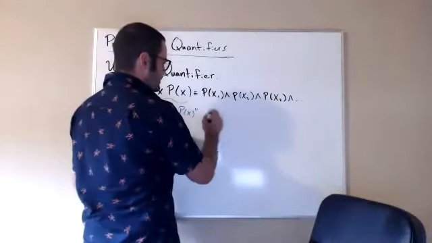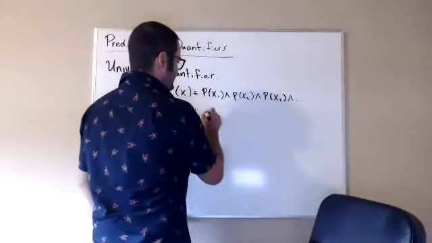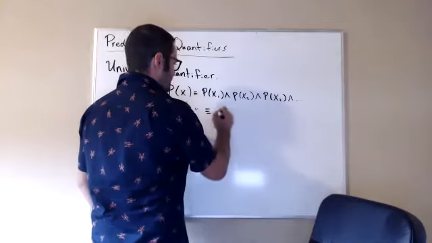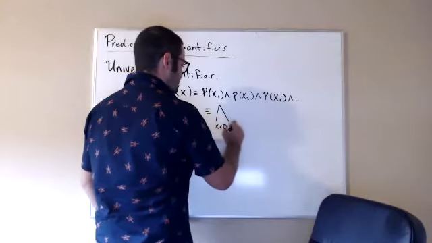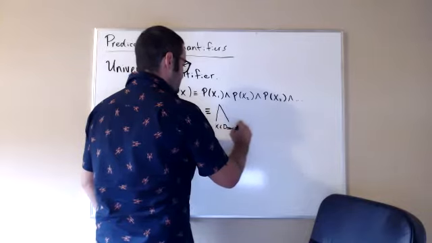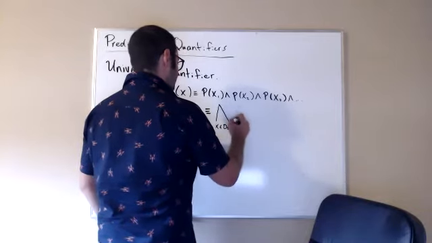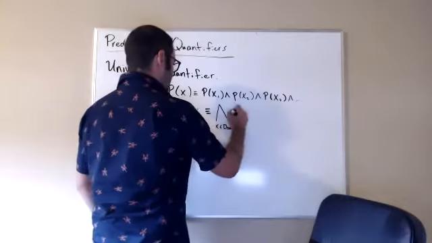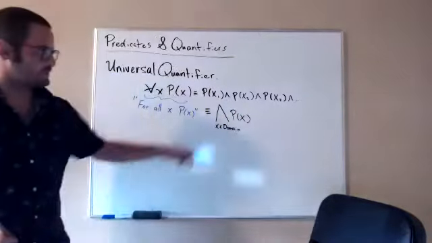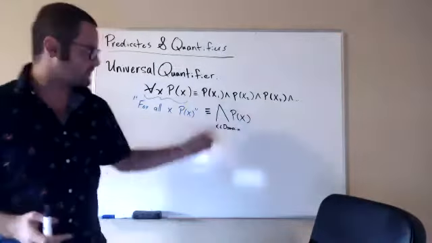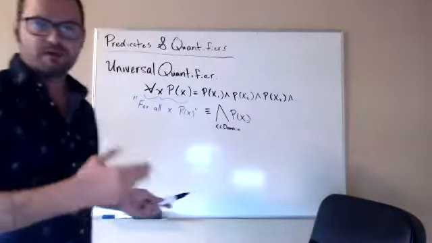I like to use this notation, the big and sign, over x in the domain of P of x. So this is a big and. It's the conjunction operator taken over all possible x in the domain.